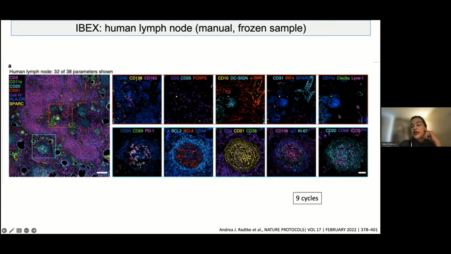So it's a very powerful methodology that allows you to identify cell populations, functional characteristics of these populations, how the cells interact with one another, but also extracellular matrix and vascular characteristics of the different tissues.